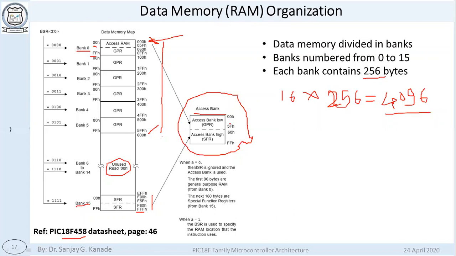It is actually part of this RAM only, but it consists of 00 to 5F from the very start, bank 0, and 60 to FF of bank 15. You can see access RAM at the top, and again access RAM at the bottom.